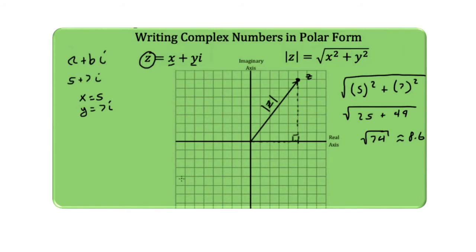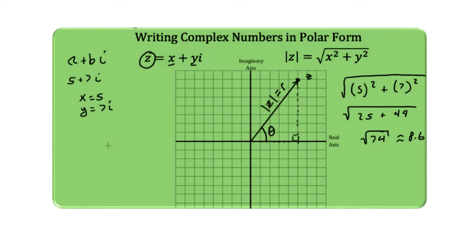Well, you may notice that finding the absolute value of our complex number is a lot like converting our complex number into a polar coordinate system. If I set this absolute value of z, that would also be distance r, and then all I would need is a theta value.